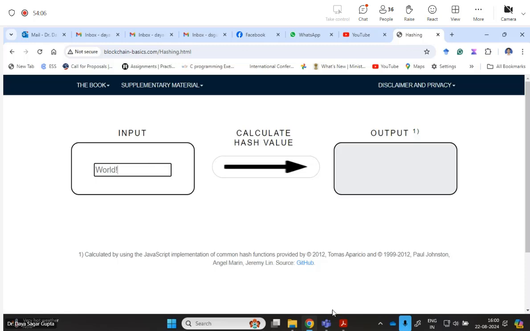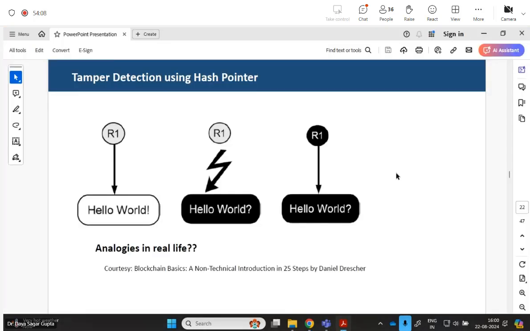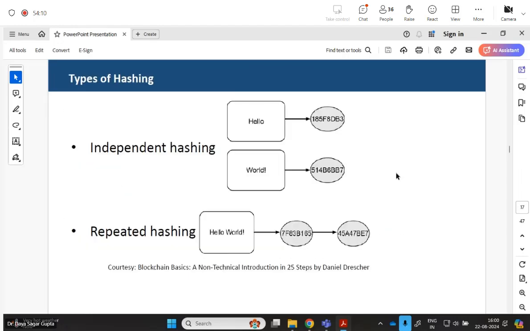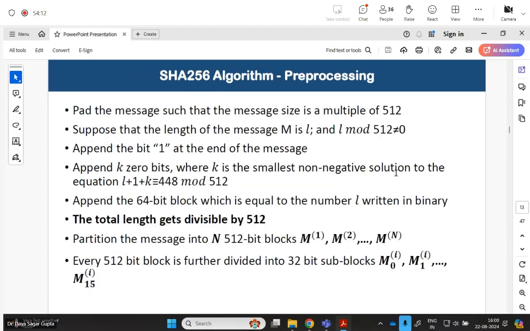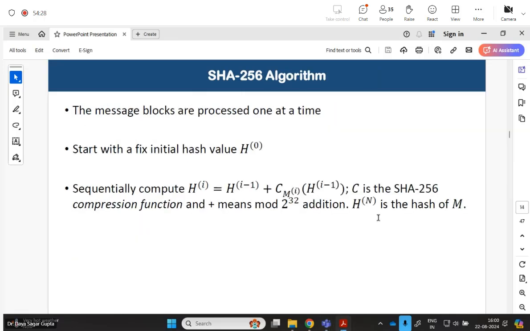Yeah, that I told you just before. This is the algorithm involved here. This hash algorithm takes a message and produces a 256-bit hash value. H_N is the output.